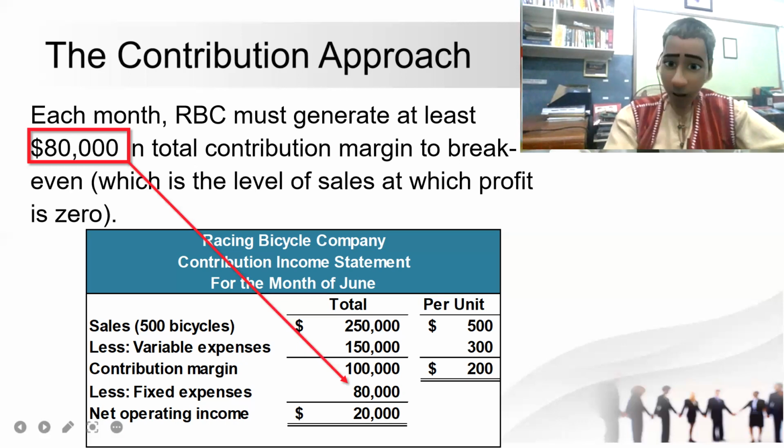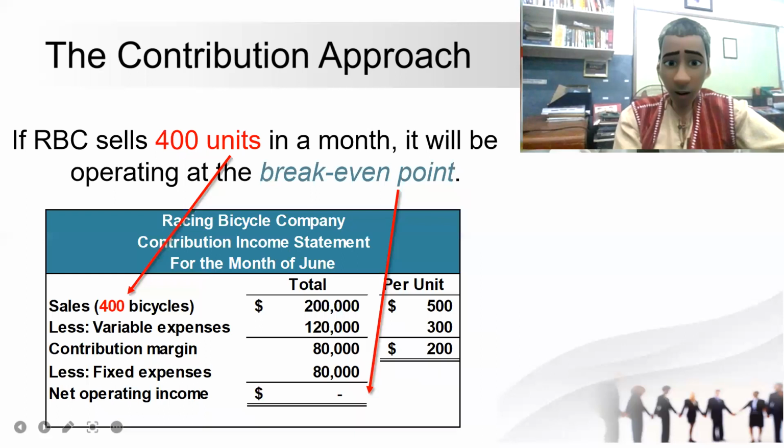Okay. So the contribution approach continued. We have the same example. If and only if our company, racing bicycle, only sells 400 units in a month rather than the 500 as previously, it will be operating at the break-even point.